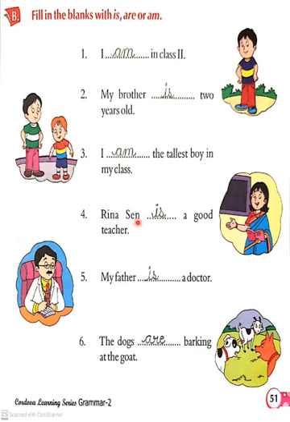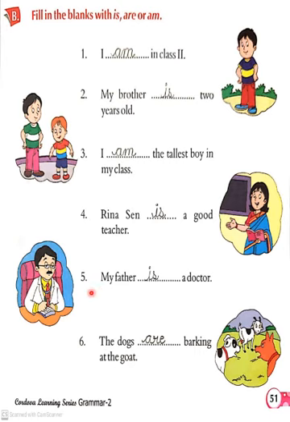Rina Sen is the name of a special person. So when we are talking about a special person and it is one in number, at this time we are going to use is with this. So it will be Rina Sen is a good teacher.